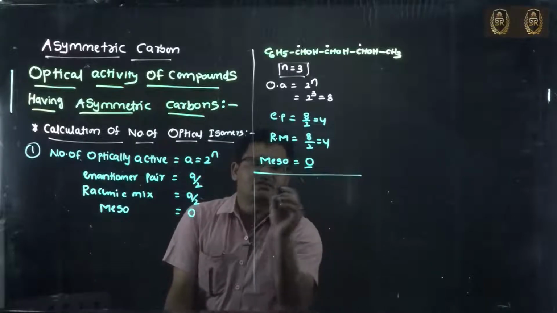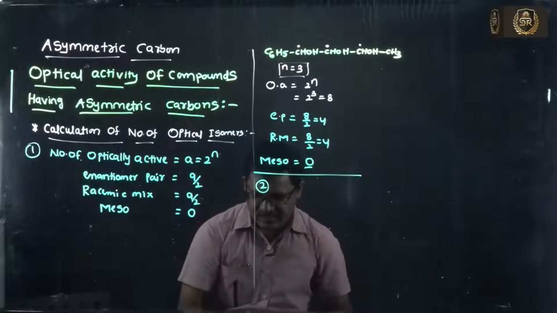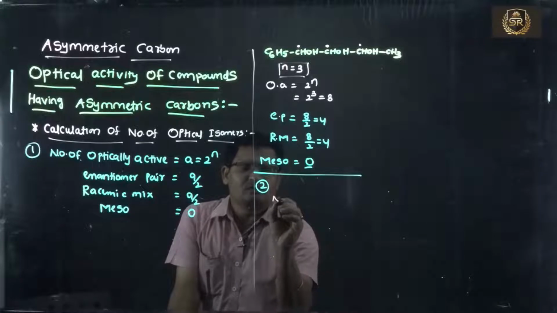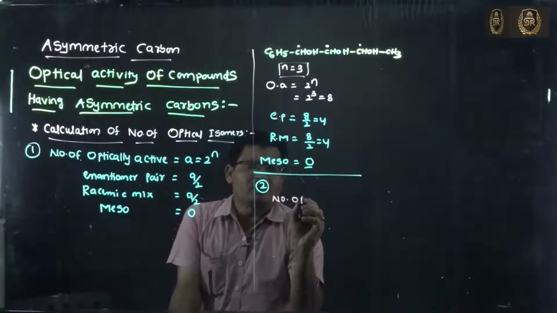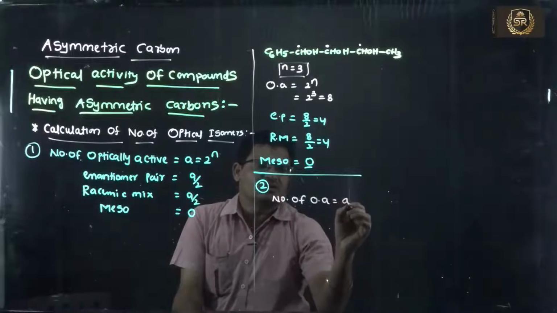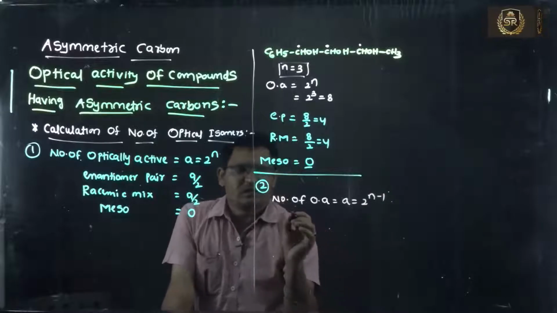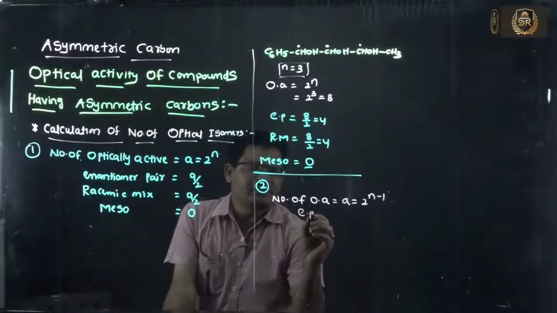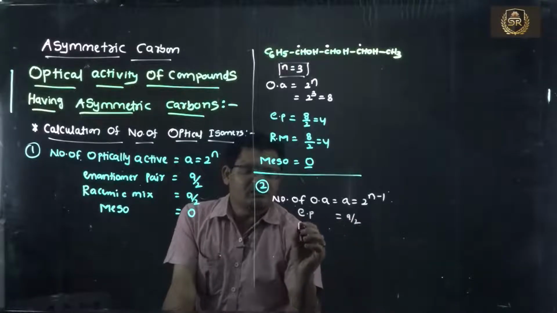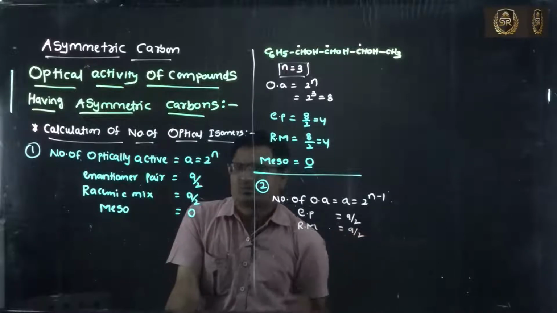Now the second formula. What is the second one? The number of optically active A equals 2 power n minus 1. The enantiomer pair is A by 2. Racemic mixture is also A by 2.